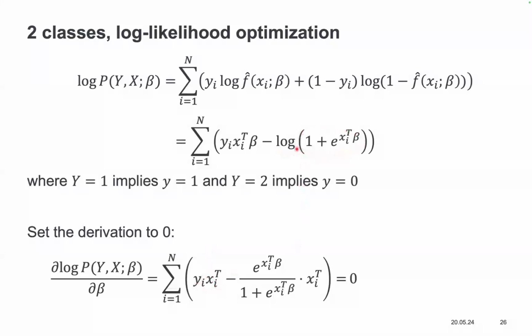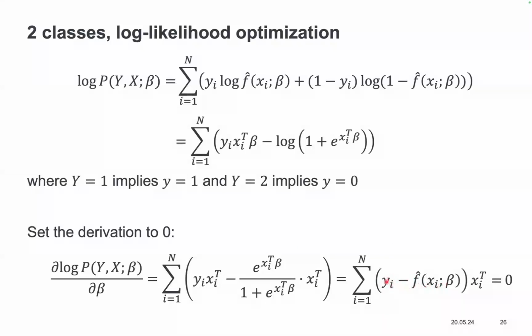For the second term here, differentiating with respect to beta leads to this much more complicated term. And this more complicated term then eventually is the same as x_i transpose, which we have in the first and the second term, times y_i minus f hat of x_i beta.